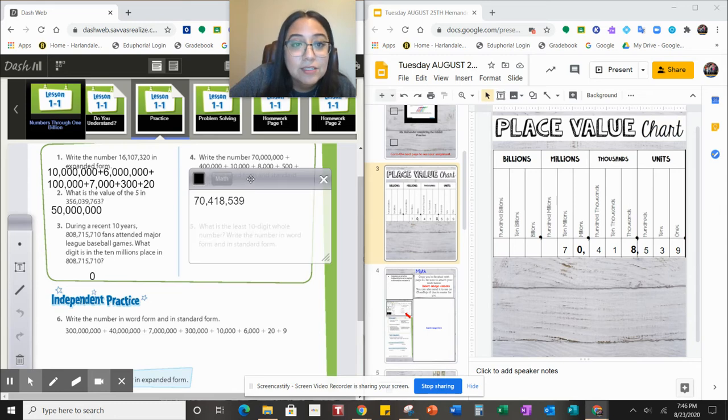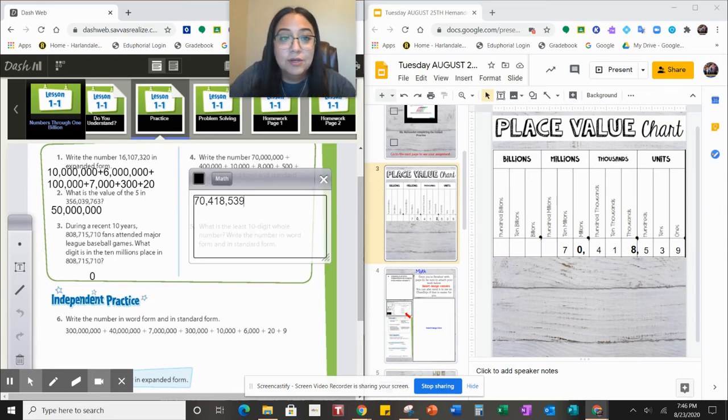So that's that one. And then it also wanted it in word form though. So again, as I'm saying it, that's how I'm going to type it. So we have 70 million 418,539.